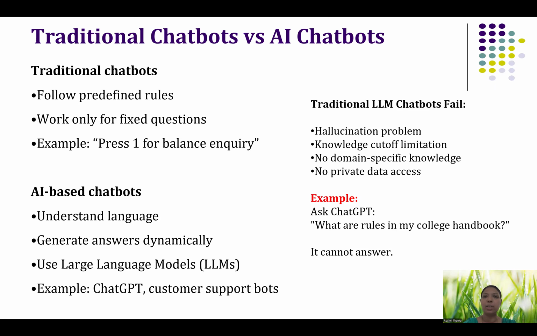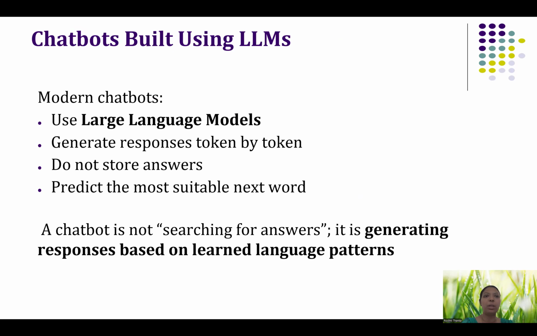When we use LLMs in a chatbot, as I told you, it is always predicting the next token. It doesn't store any answer, but based on the pre-trained data on which it is trained, if you ask any question, it will try to predict the next token and answer us. That's what actually happens.